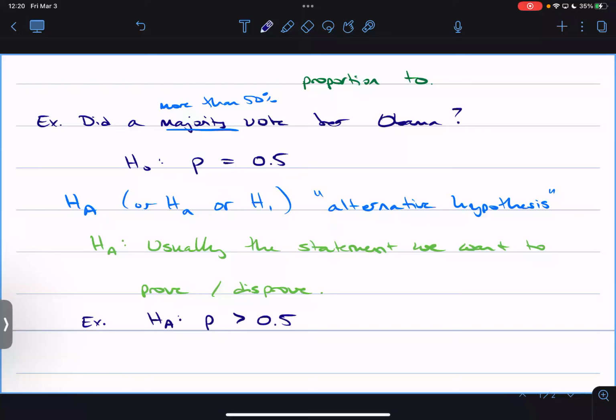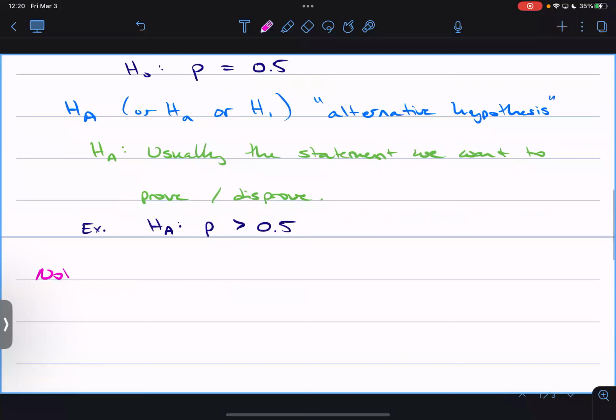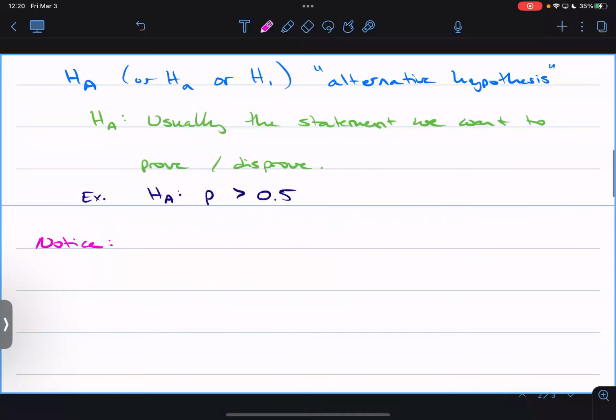So here, notice HA must be about the same parameter and value. Or maybe I'll say it like this: notice only the inequality changes from the null hypothesis, from H naught.